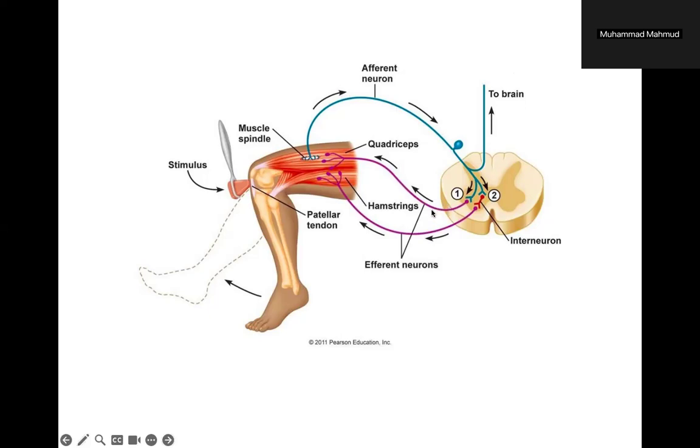The afferent goes to the spinal cord, the efferent comes back, and while they're coming back, one of the nerves to the quadriceps will make it contract, while the other going to the hamstring muscles, those muscles in the back of the thigh, semimembranosus, semitendinosus, and biceps femoris, are going to be relaxing because of the reciprocal inhibition.